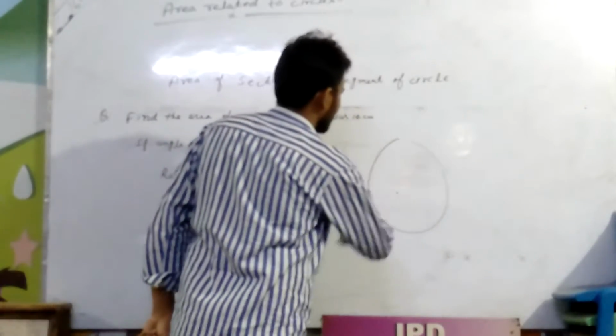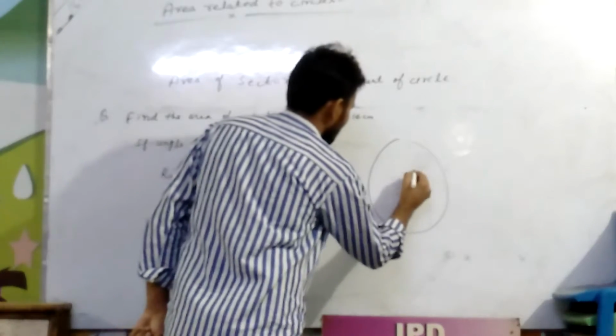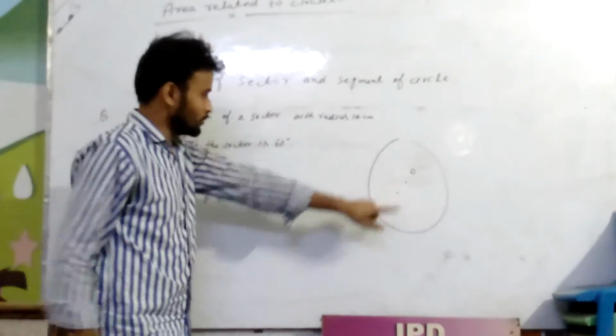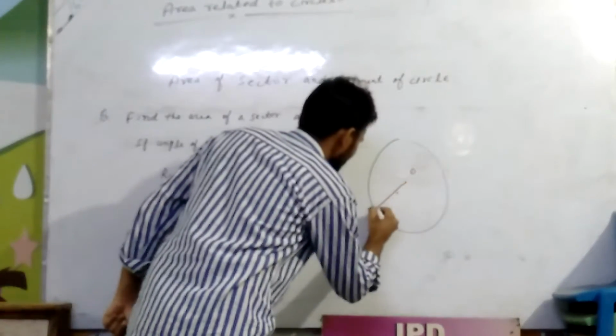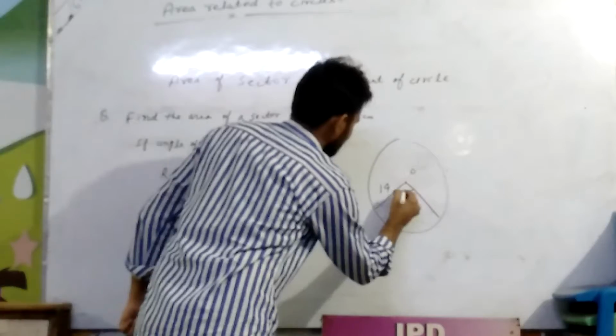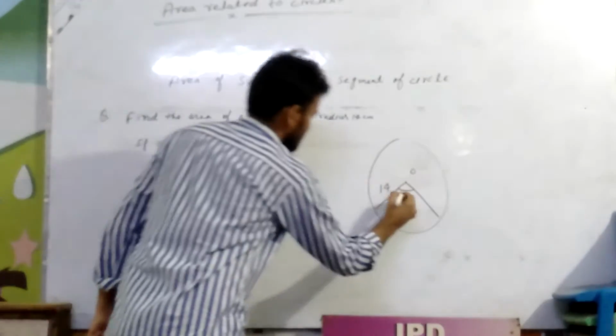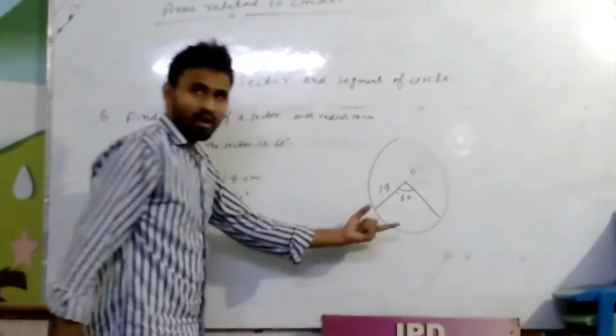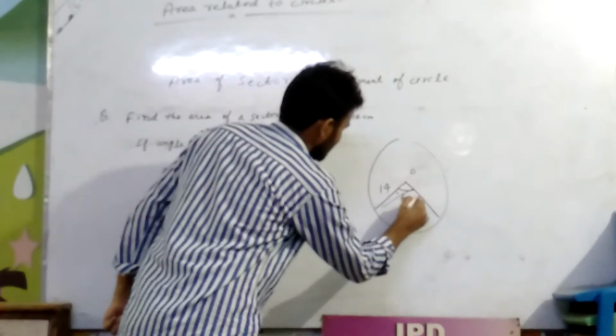If you draw a figure for this question, the center is O, the radius is 14 centimeter and the angle is 60 degrees. Then find the area of the sector.